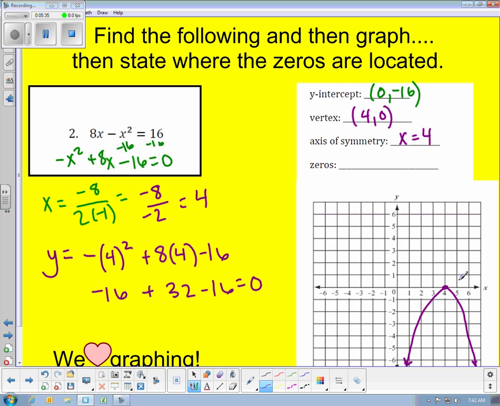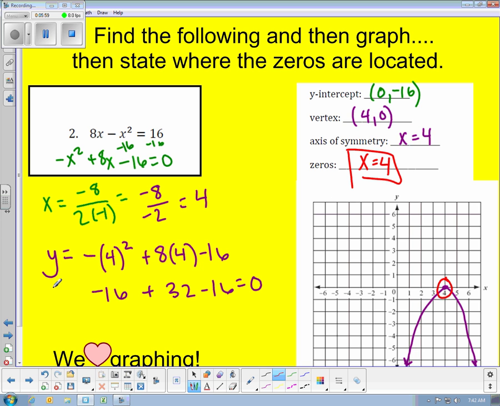Your vertex is (4, 0). So we're looking for where this is going to cross the x-axis. Well, your vertex is on it. This is an equation that has only one solution. So our zero here is just x equals 4. And yeah, so we have one solution.